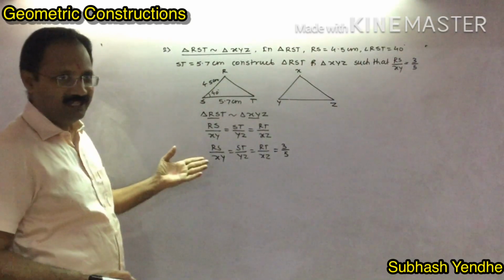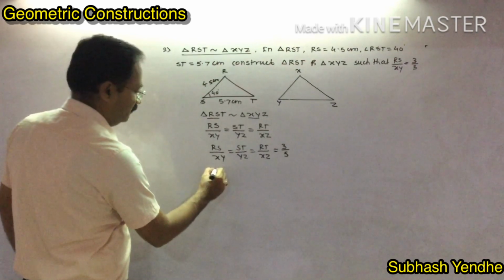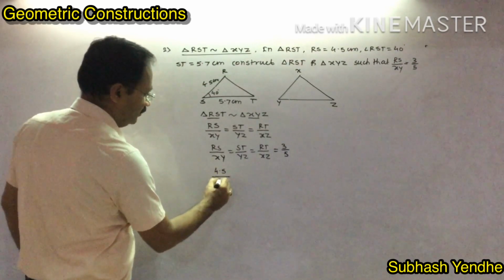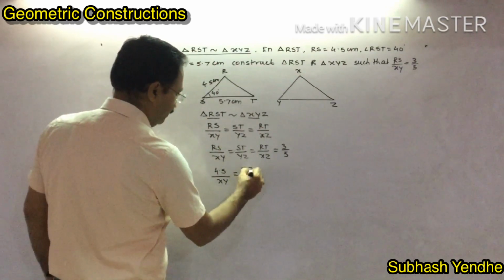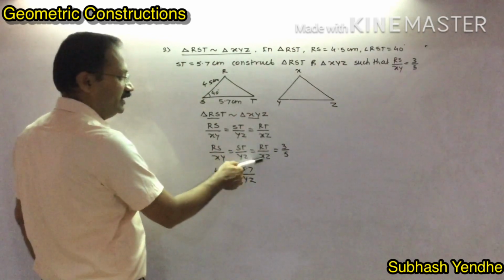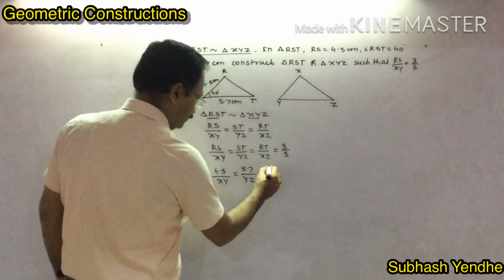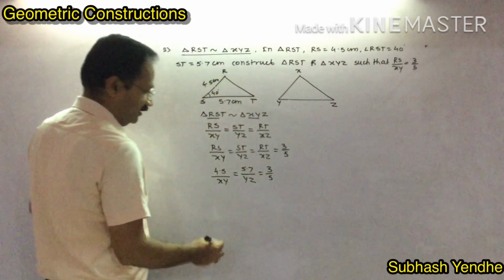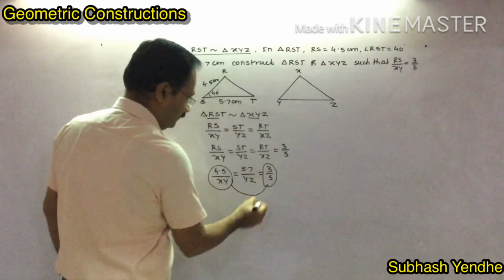Now substitute the values, and you will get the remaining values. RS is given 4.5, XY you have to find. ST is given 5.7, YZ you have to find. RT is not given and you don't need XZ also, so I am omitting this one. Now take the ratio of the first with 3 upon 5.